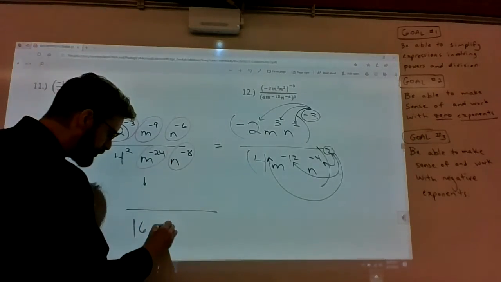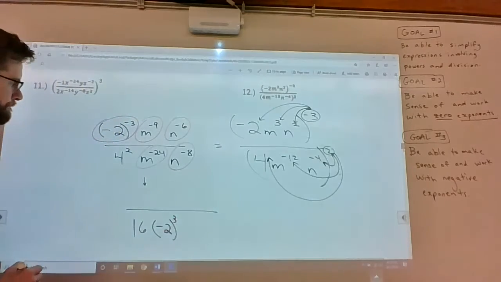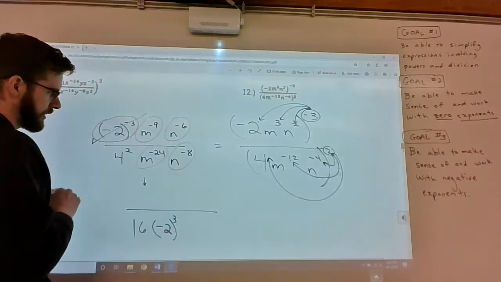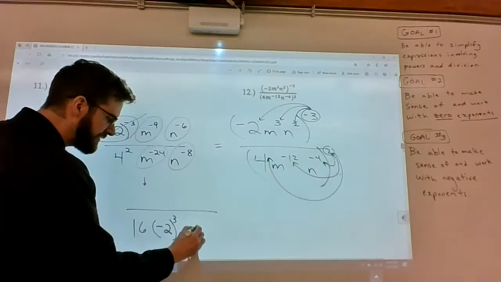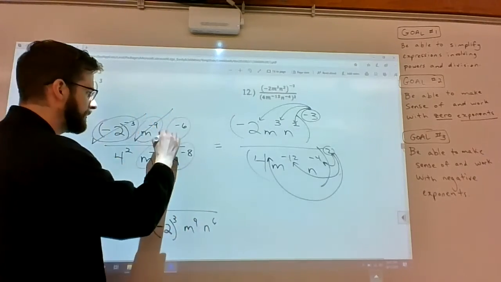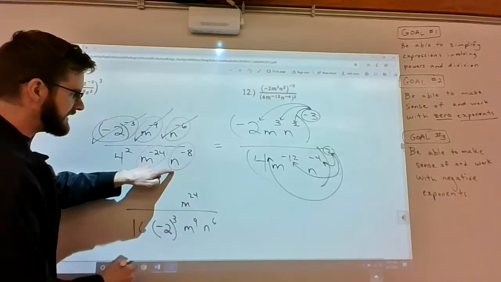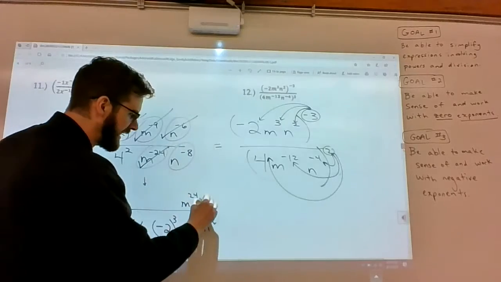So it's -2 to the +3 now. Okay, so check that one off the list. M to the +9 is on the bottom now. N to the +6 on the bottom. M to the +24 on top. And N to the +8 on top.